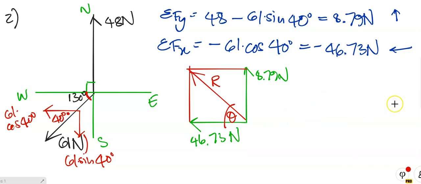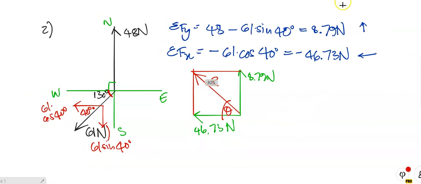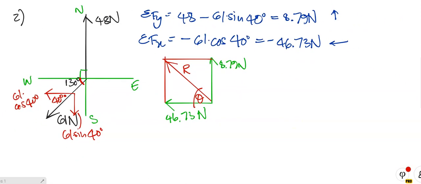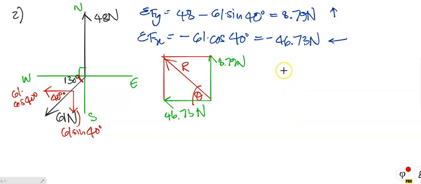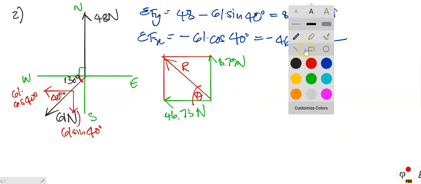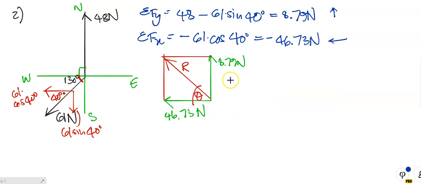Okay, so therefore R is equal to the square root of 8.79 squared plus 46.73 squared.